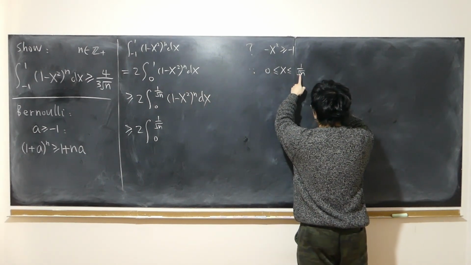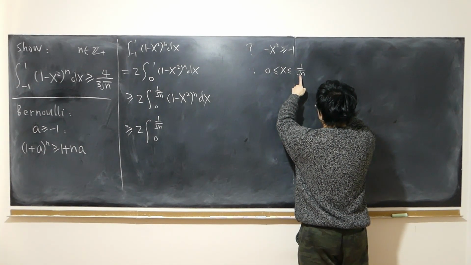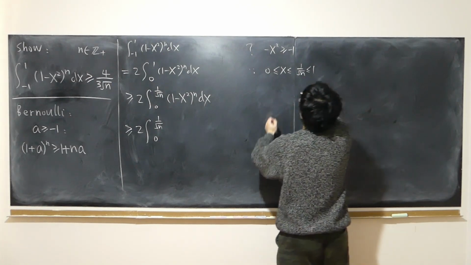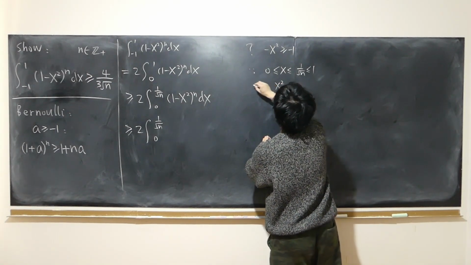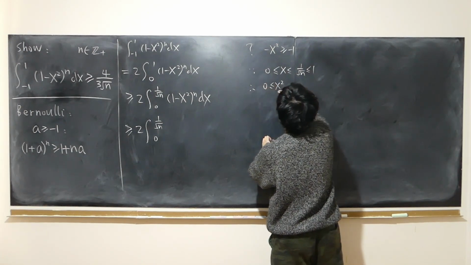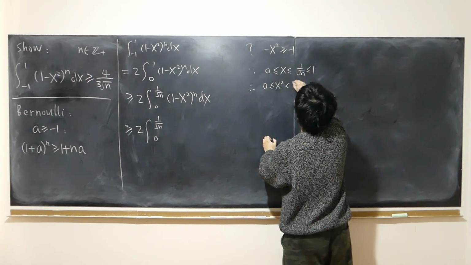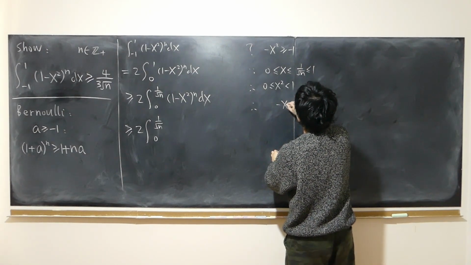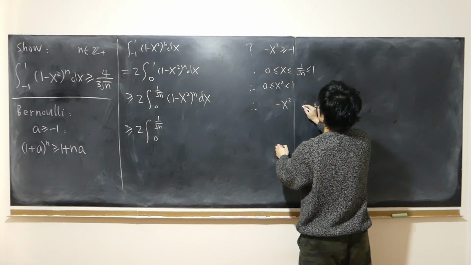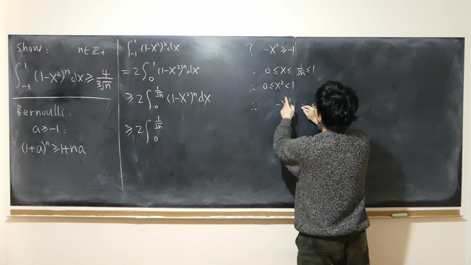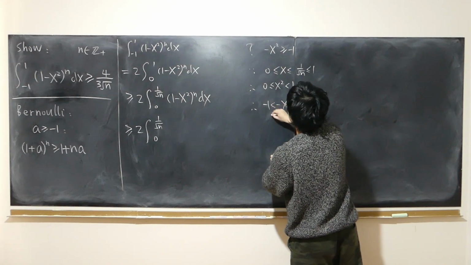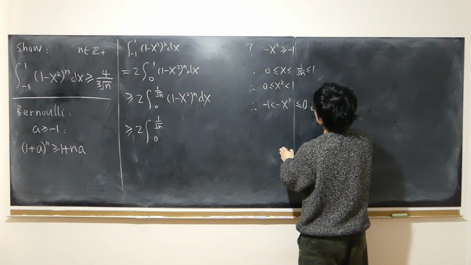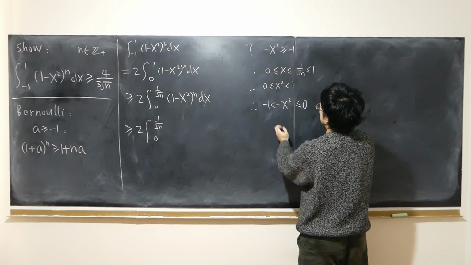Therefore, 1 over square root of n is definitely smaller than or equal to 1. So x squared is still bigger than or equal to 0 and smaller than 1. And if we add a negative sign, negative x squared, this time changing the direction, is bigger than -1 and smaller than or equal to 0.